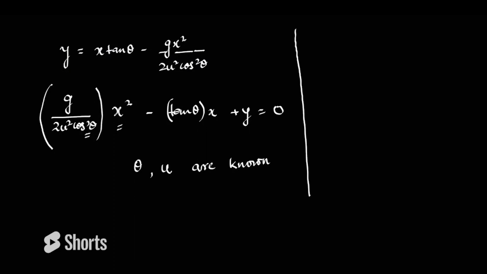The another format which is sometimes extremely critical and important is when y and x is given to you or known to you, and in that case what you do is, if I want to rearrange this, I can write down this as y is equal to x tan theta minus gx square upon 2u square, and cos square can be written down as 1 plus tan square theta.